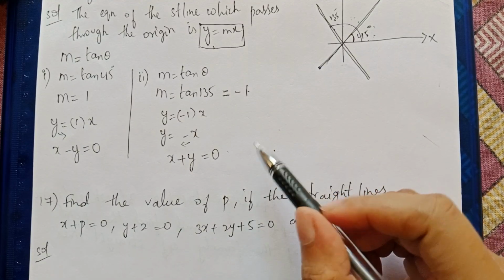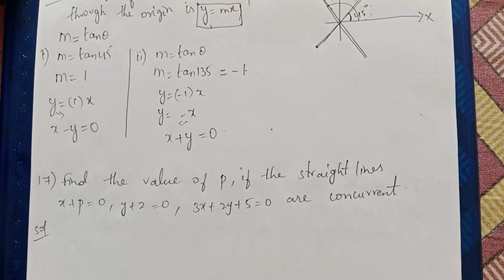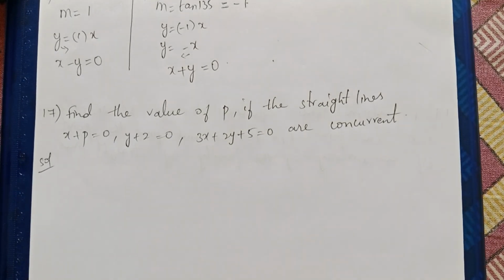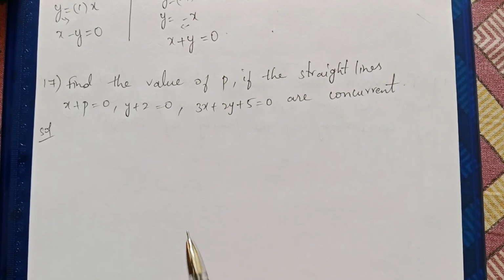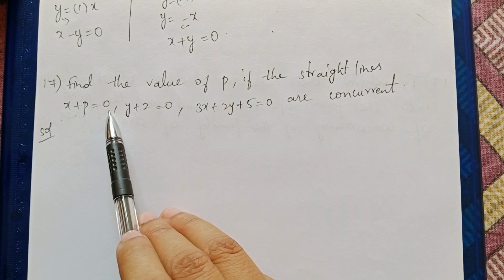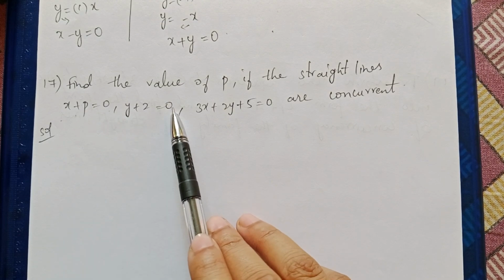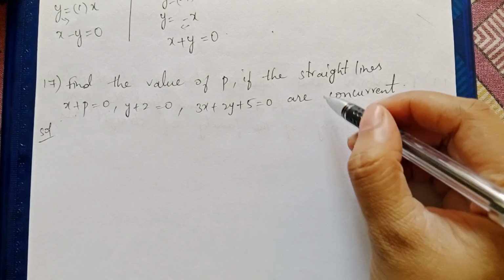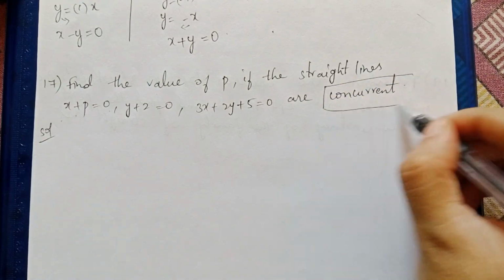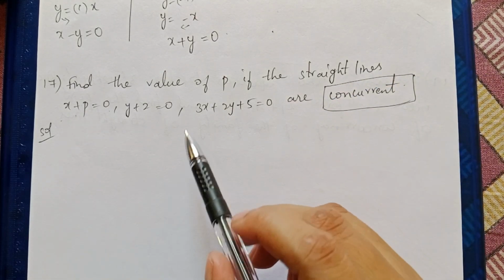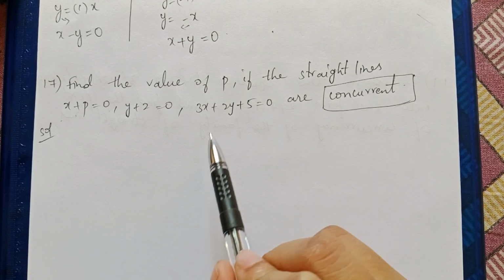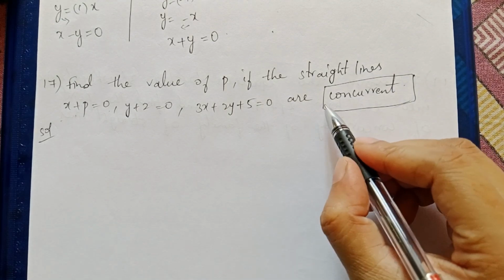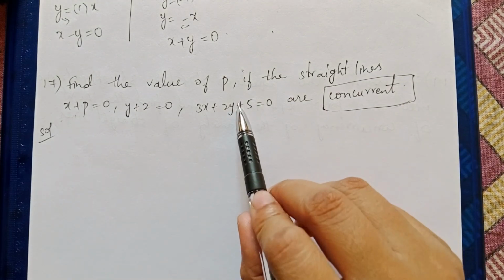There are two cases. Okay, now the next question is, find the value of p if the straight lines x plus p equal to 0, y plus 2 equal to 0, 3x plus 2y plus 5 equal to 0 are concurrent. So we know that whenever the lines are concurrent, they have the same point of concurrency, and the value of the determinant will be equal to 0.